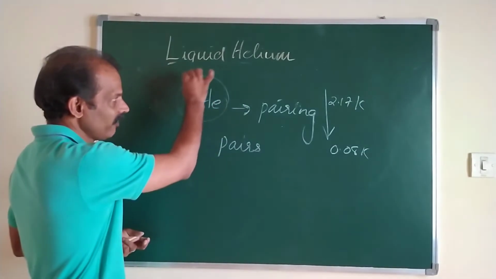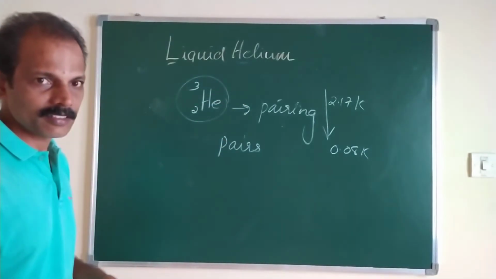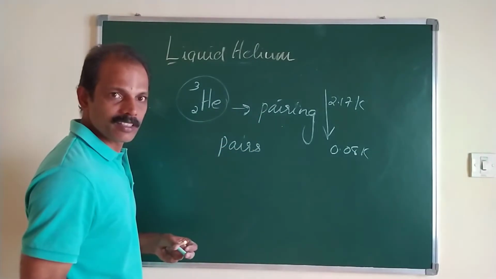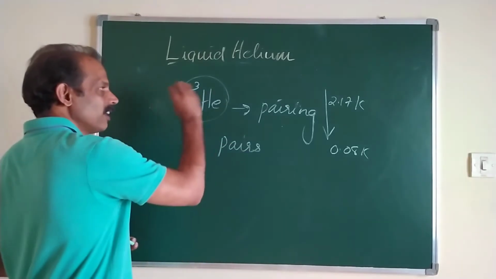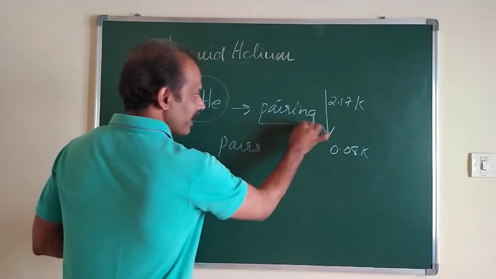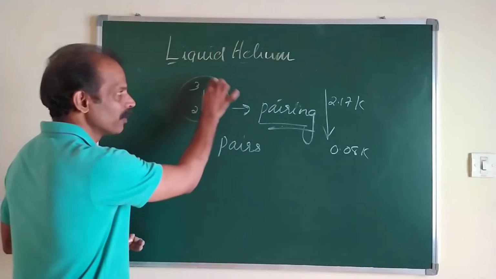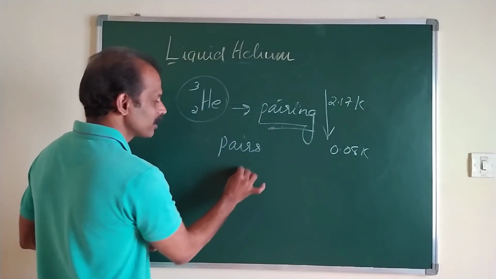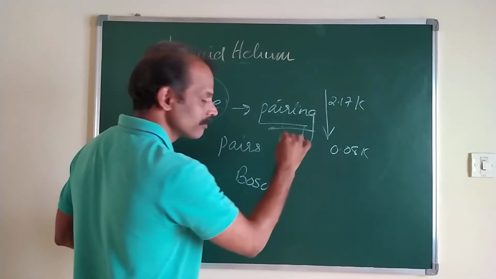Now it is a half integral spin particle, right? When it undergoes pairing, it becomes integral spin. That means on pairing, this fermion, helium-3, is converted to a boson actually.